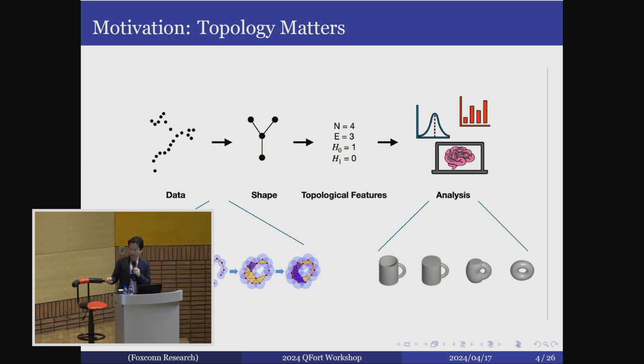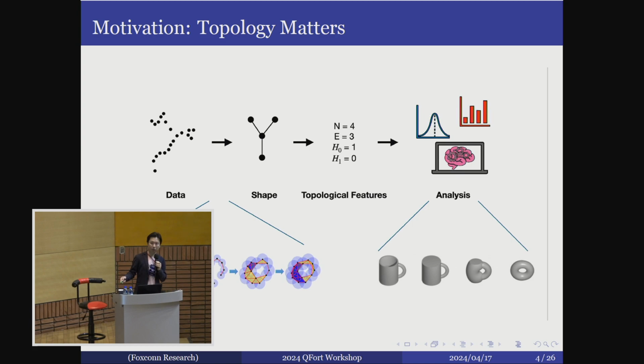So what is the goal of topological data analysis? Given some data, the idea is that we try to map data into shapes. From a data point, you can assign a radius, and by slowly increasing the radius, some of the data points would touch each other.